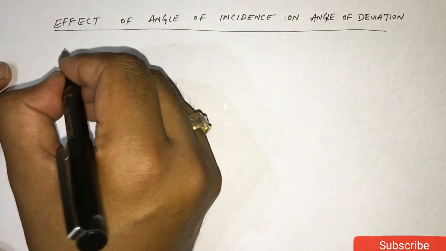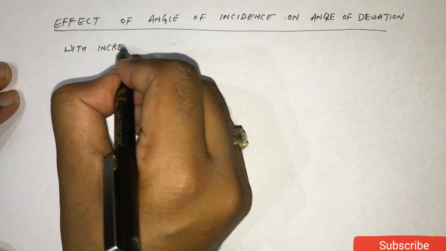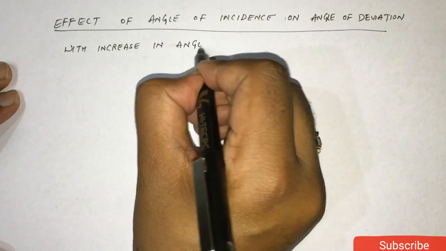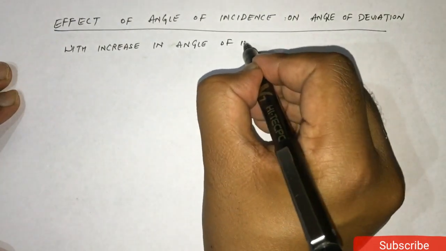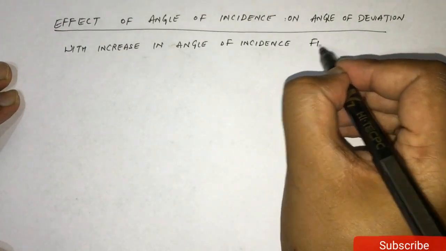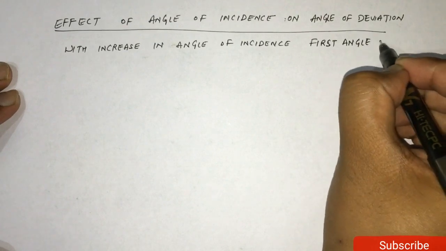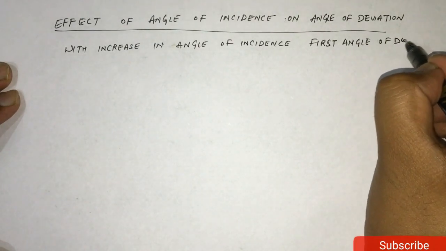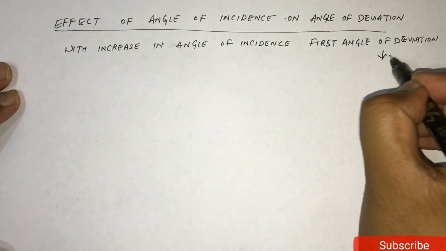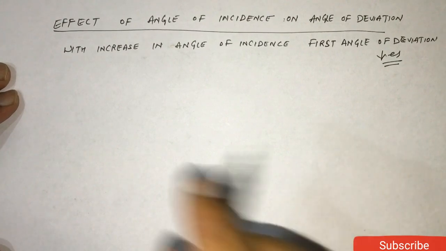With increase in angle of incidence, first the angle of deviation decreases. Fine.